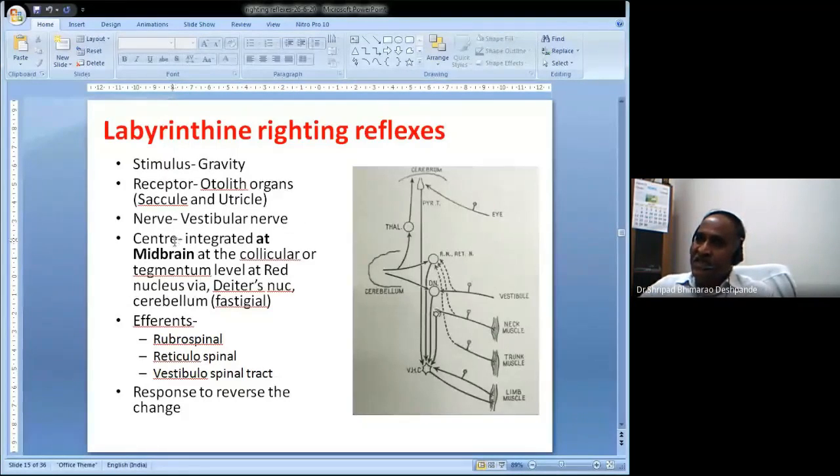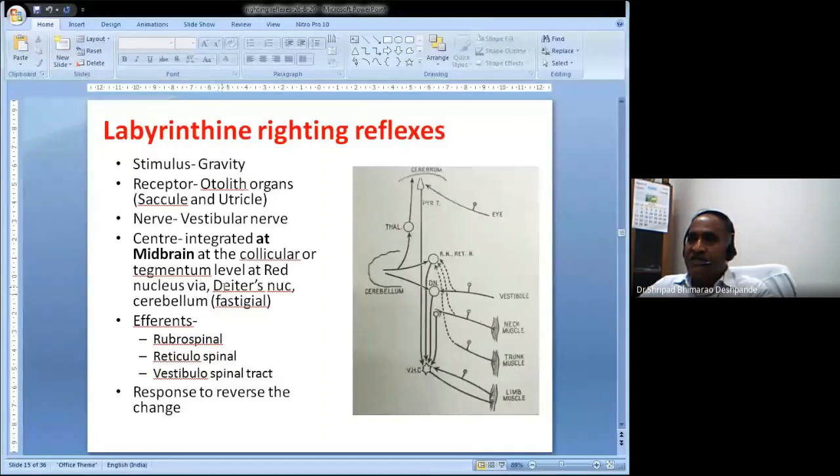Okay, so now the nerve is the vestibular nerve. And where is the center? They first come to the Deiters nucleus, that is the vestibular nucleus. From this vestibular nucleus, they will go to the medulla and through the colliculus and the red nucleus, that is the midbrain. So it is integrated in the midbrain at the collicular or tegmental level.